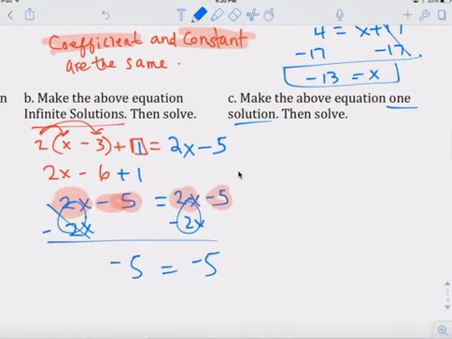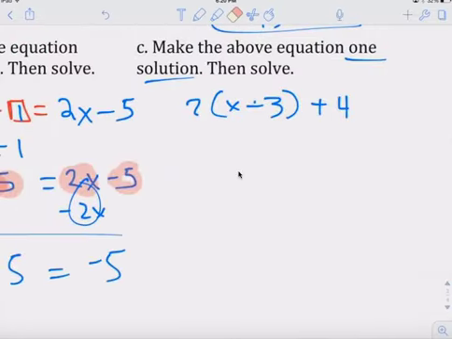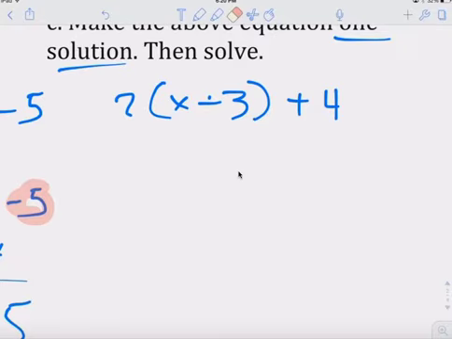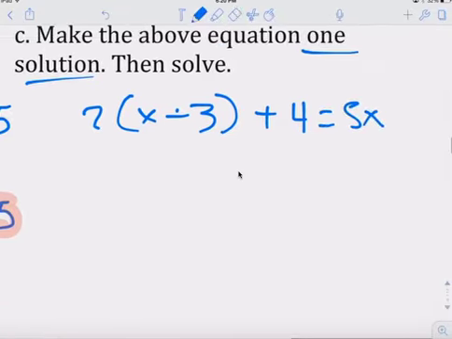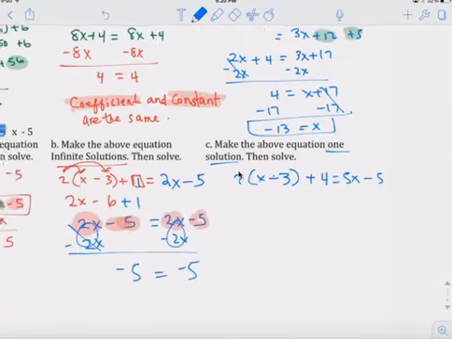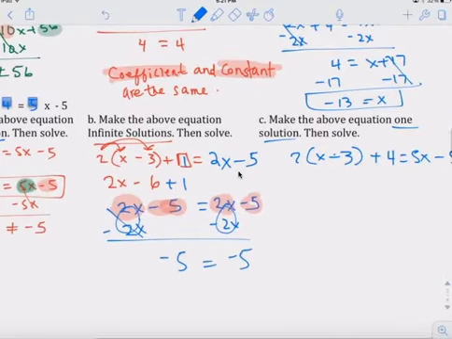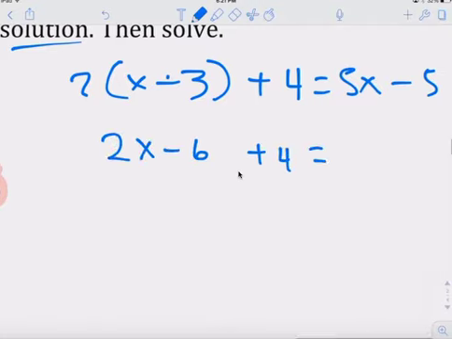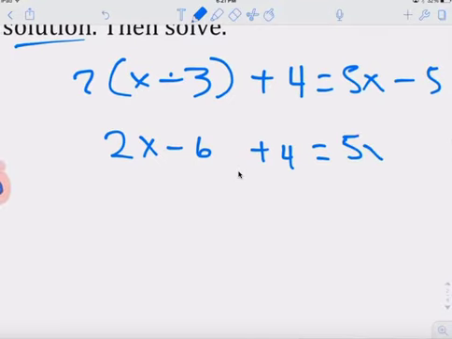Okay. 2x minus 3 plus 4. 2, 3, right? 2, 3, 4 plus 4 equals 5x. Okay. I believe. Yep. And solve it. 2x minus 6 plus 4 equals 5x minus 5.